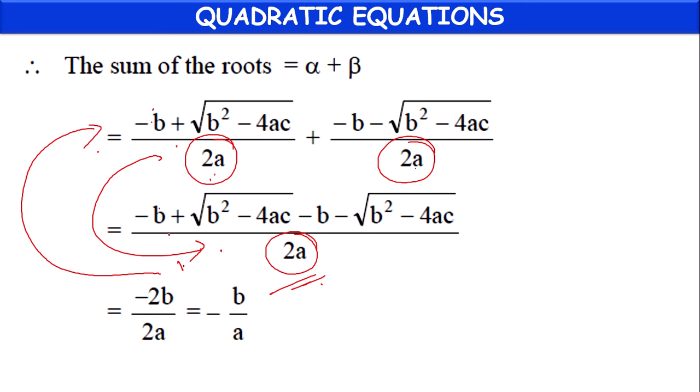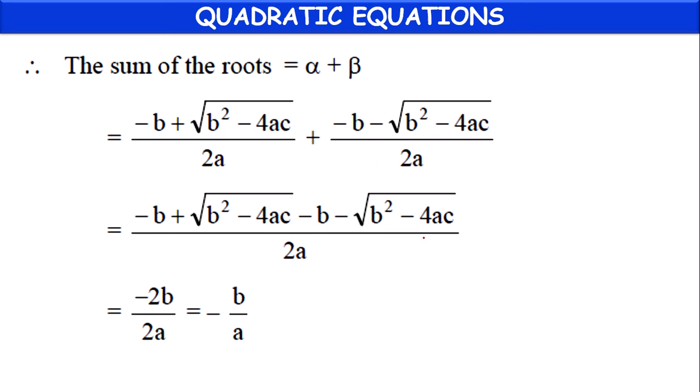Minus b plus root of b square minus 4ac will come. Next, 2a, with 1 we have to multiply the numerator, again value does not change. Minus b, minus root of b square minus 4ac. Like this, if we take the LCM, this we are getting.